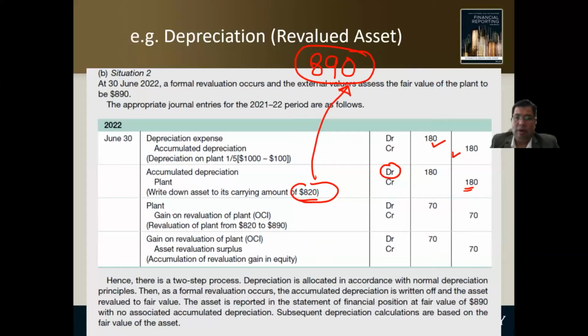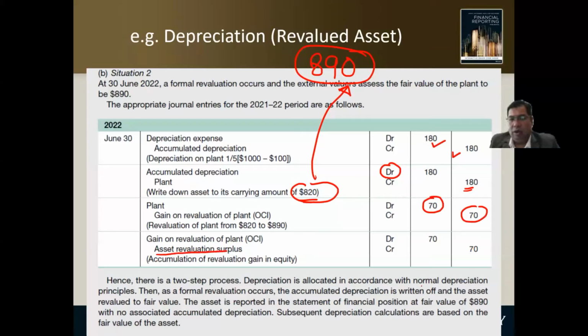So I'm going to debit the plant by 70, increase the value of that asset by 70, and then credit the gain on revaluation by 70. Finally, I'm going to close the gain on revaluation and transfer that gain to our asset revaluation surplus. So this is a two-step process as explained down here.